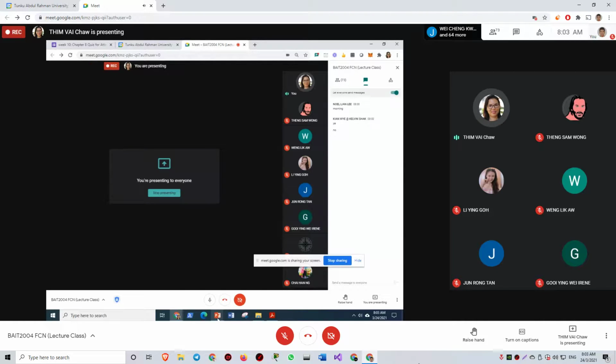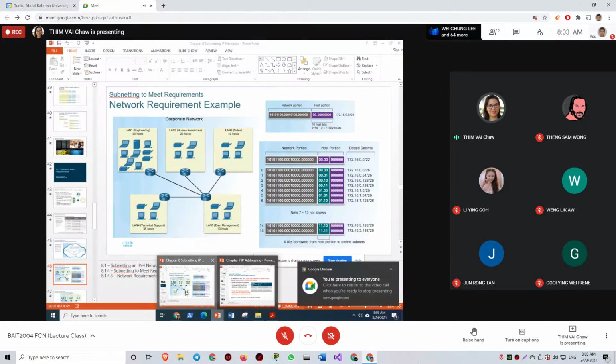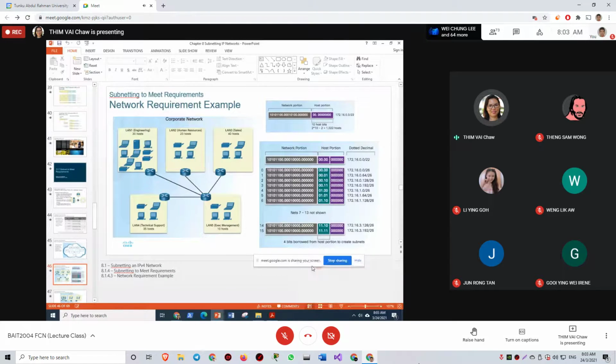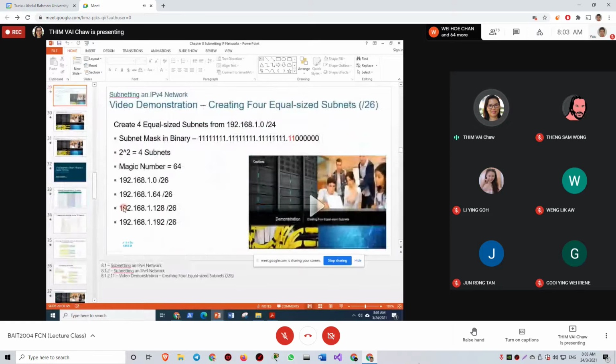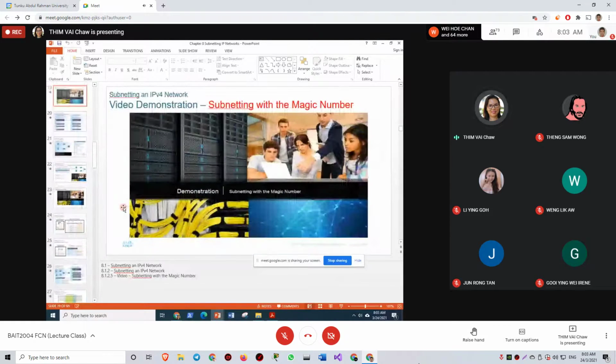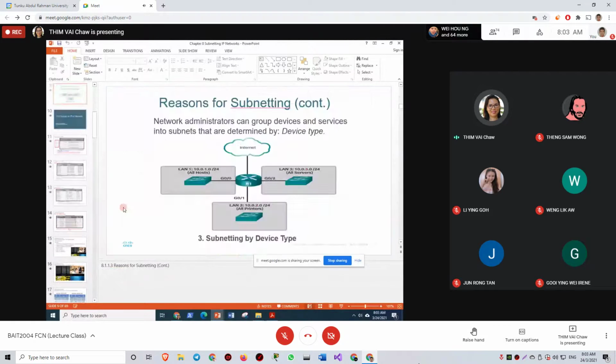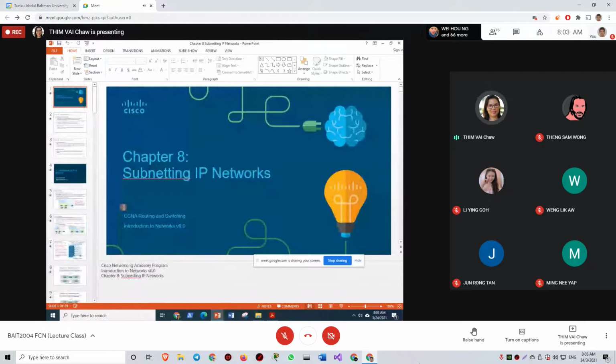So I come to my chapter number 8. The main thing in chapter number 8 is calculation, calculations of VLSM and also subnetting.